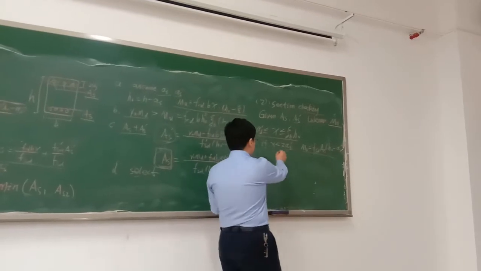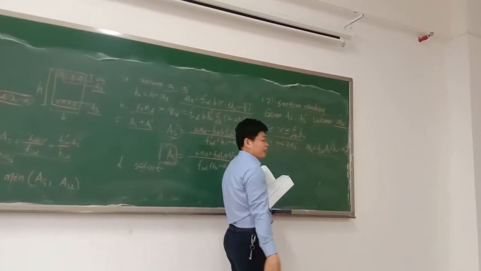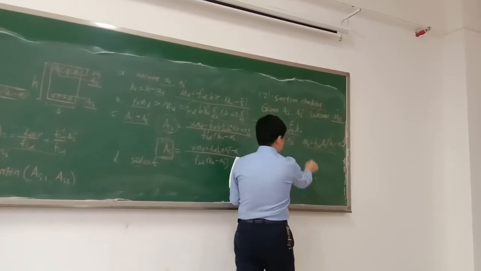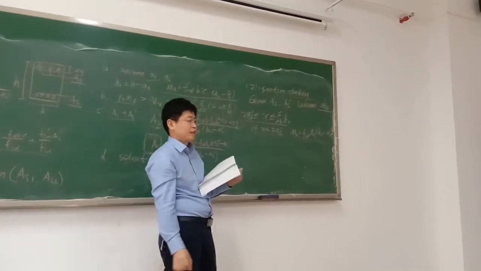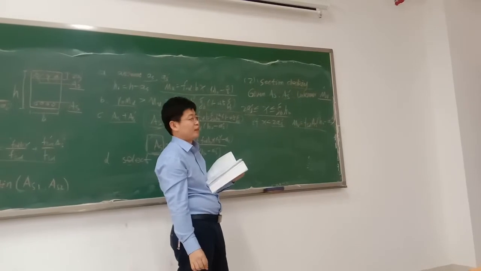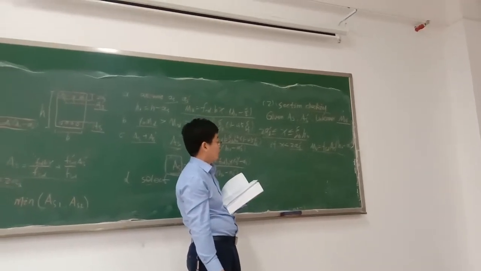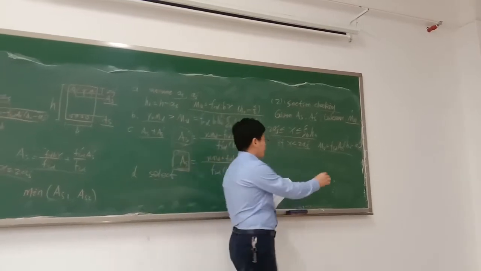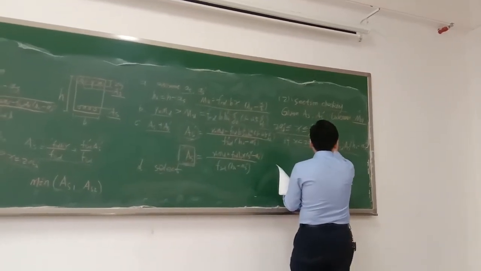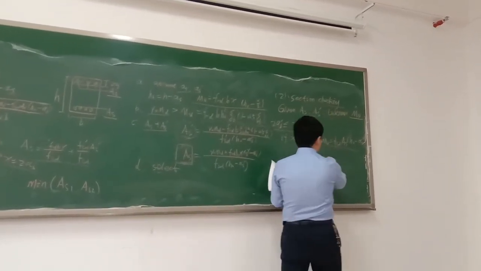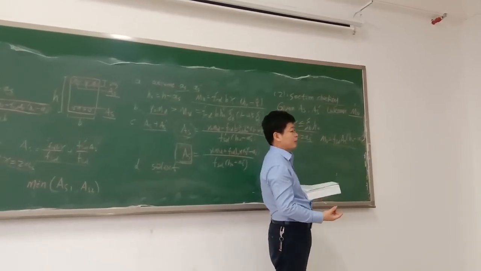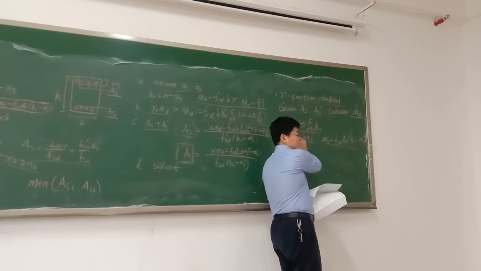If x is smaller than this, then we can use the maximum value, 2 times a_s'. So because it is smaller, this mu will be the largest, the maximum resistant force for this condition.